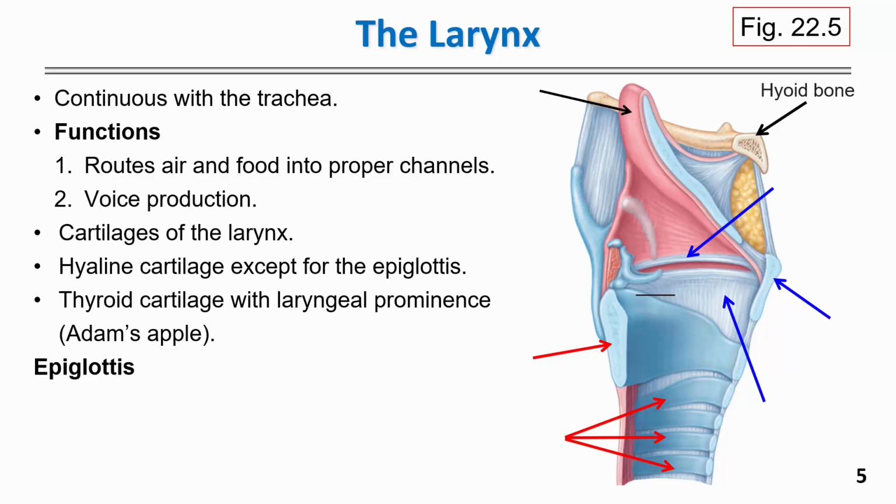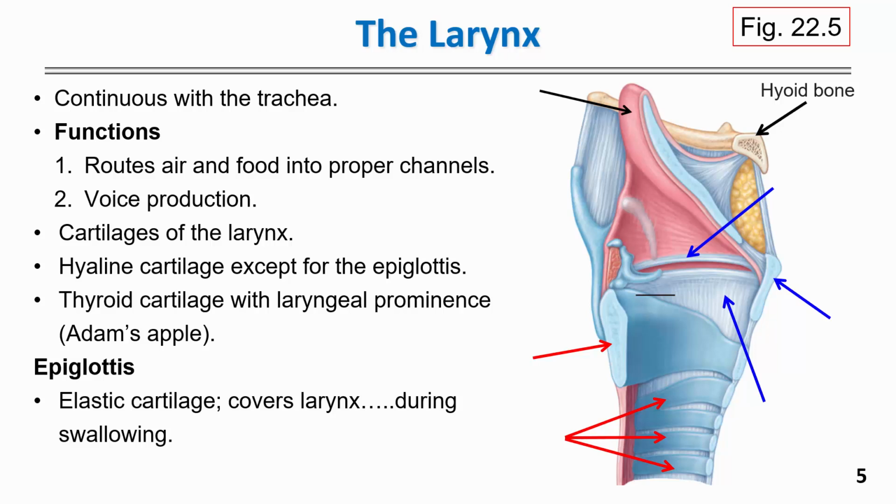A very important structure here is the epiglottis, and the epiglottis is made up of elastic cartilage, so it is somewhat flexible, and its job is to cover the larynx during swallowing. So when we swallow food, that food is intended to move through the posterior esophagus, but we don't want that food moving into the trachea.